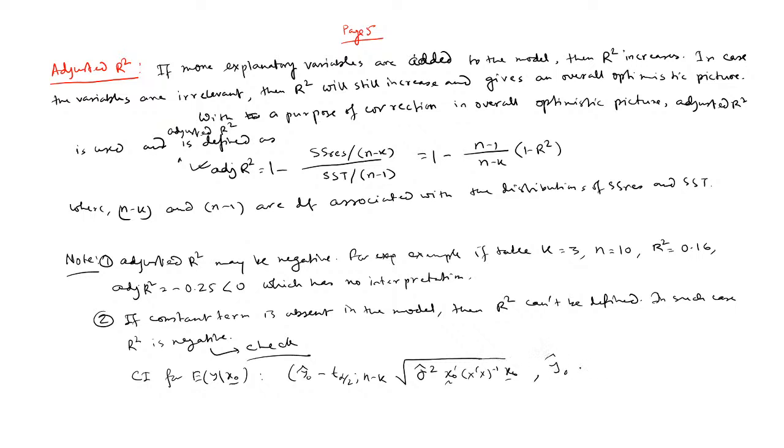So this is a confidence interval of the expectation of y given x equal to x naught.